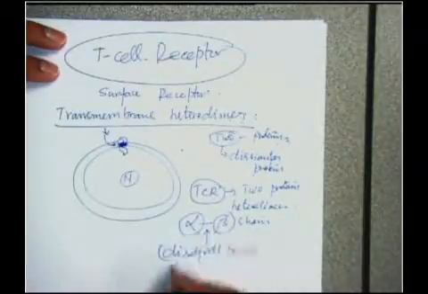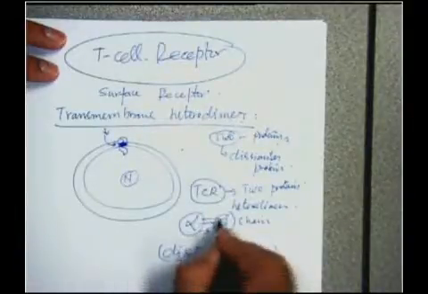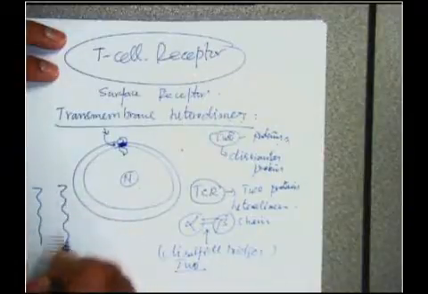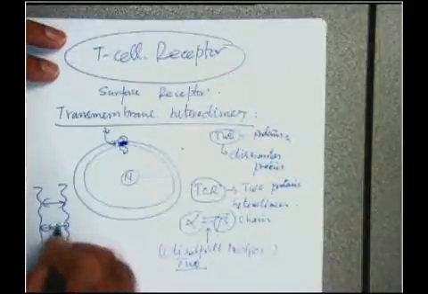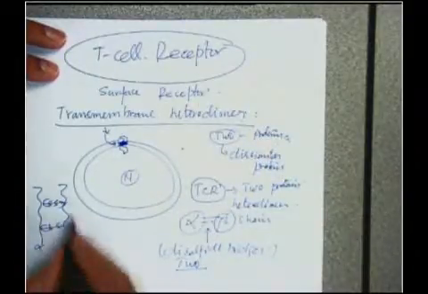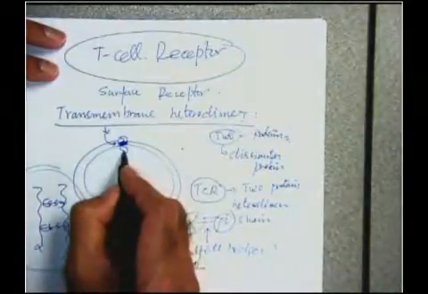Not one, there are 2 disulfide bridges. Suppose this is another protein, alpha and beta, and they've been combined with these two disulfide bridges. So this is the type of protein which is present in the TCR.